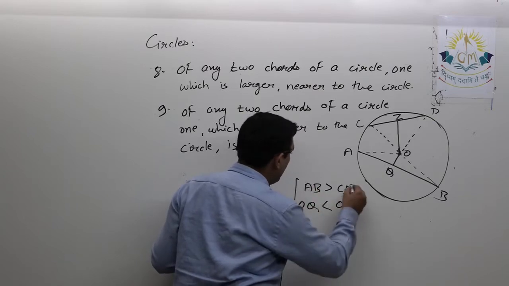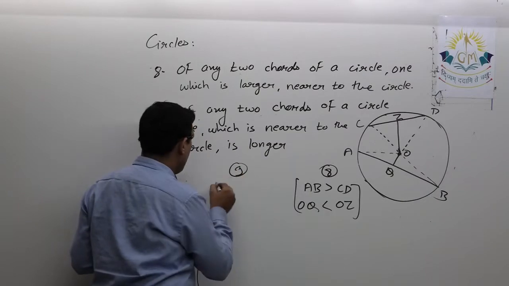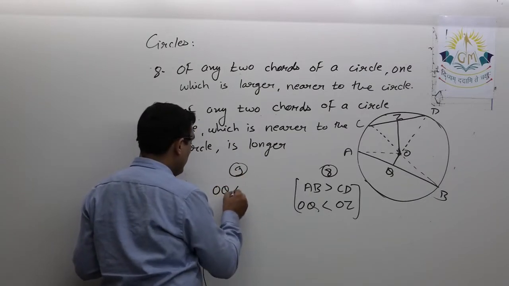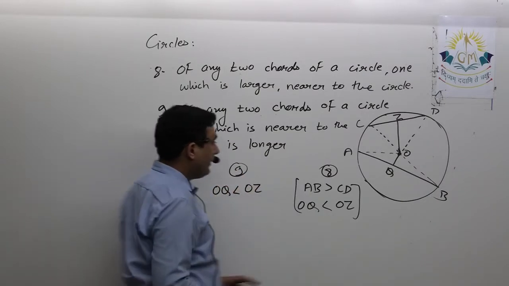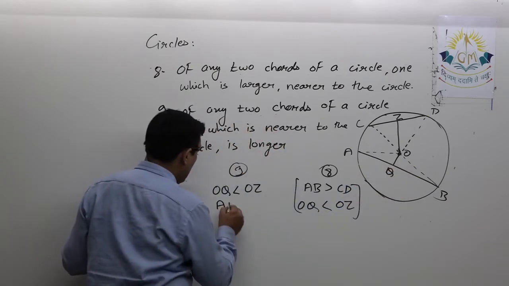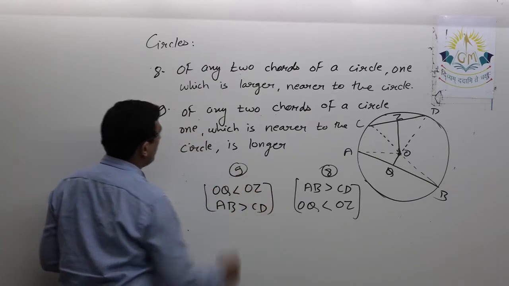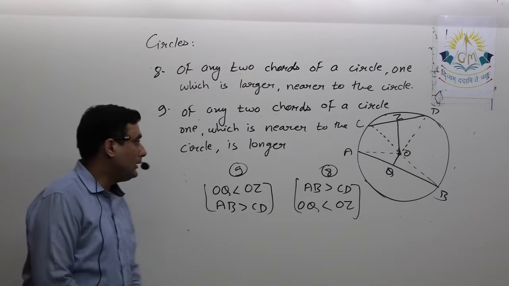That is the interpretation of theorem number 8. Now theorem number 9 says if OQ is less than OZ, that means AB is nearer to the center, then definitely AB will be greater than CD. This is the interpretation of theorem number 9. So these are the two theorems.